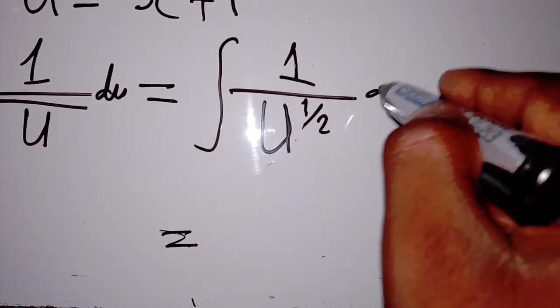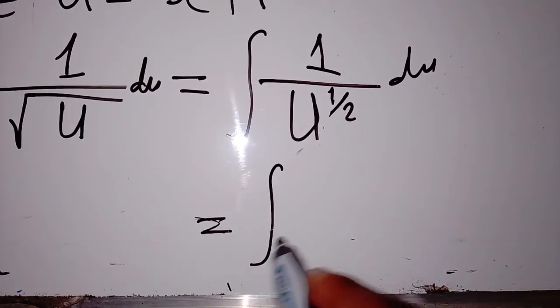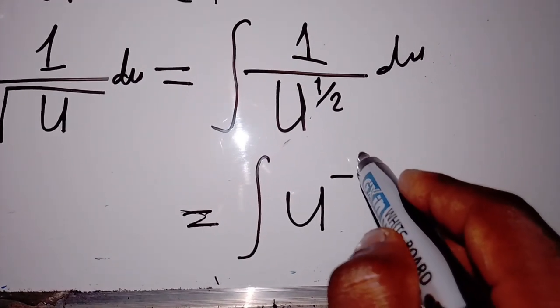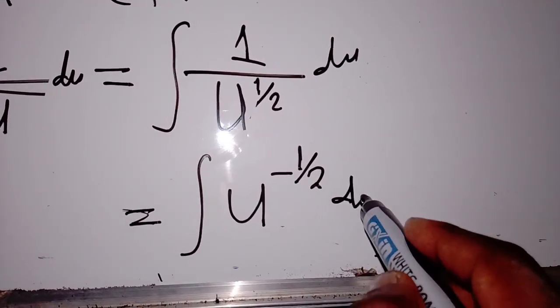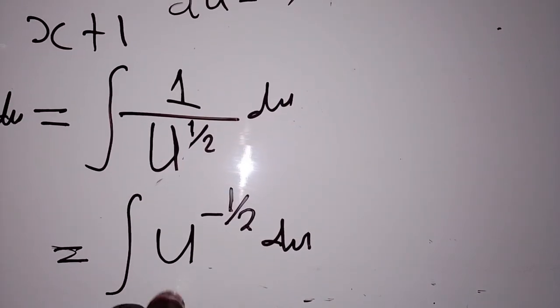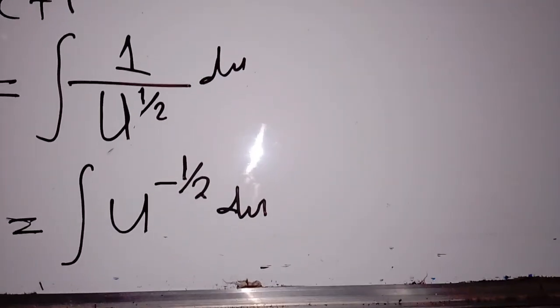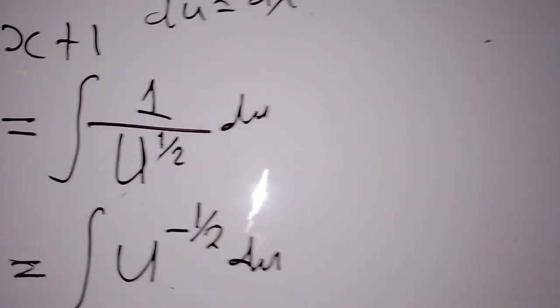So in that case, we simplify again, it will be u to the power negative 1 over 2 du, okay? So in that case, we can now do the integration.